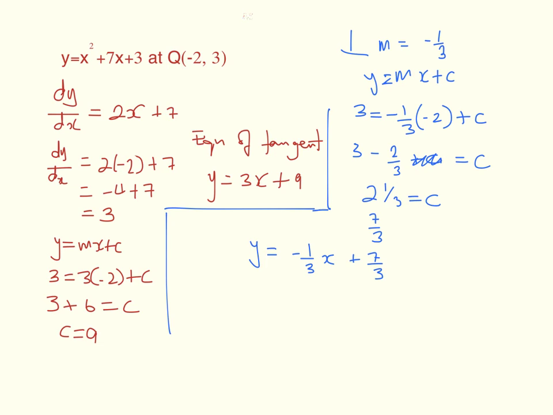Again, this is good just the way it is, but if you want to, you can multiply out by 3 and then get 3y is equal to 7 minus x. If you want to, but it doesn't really matter.